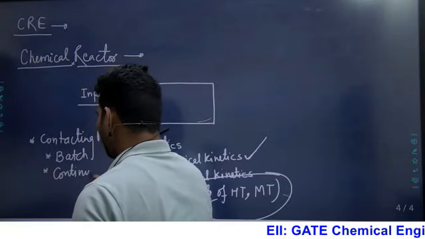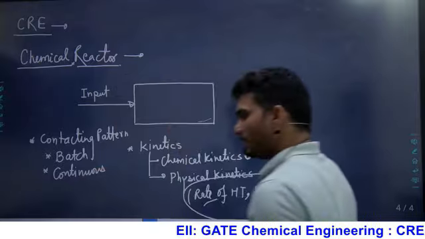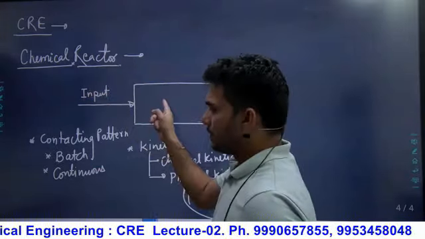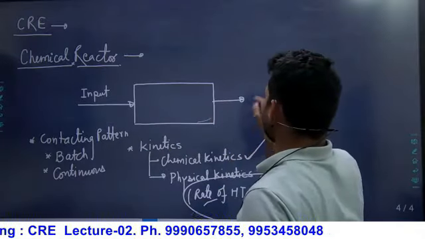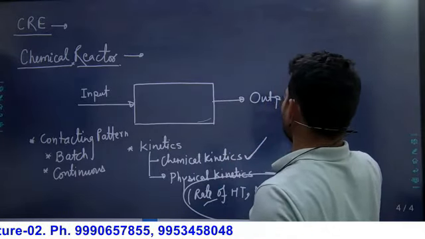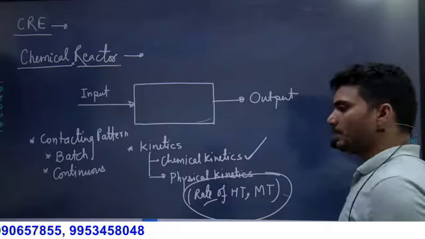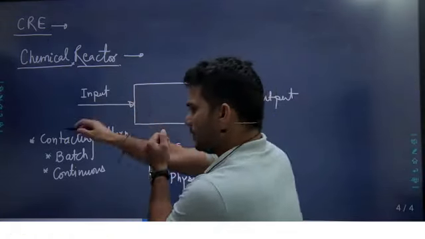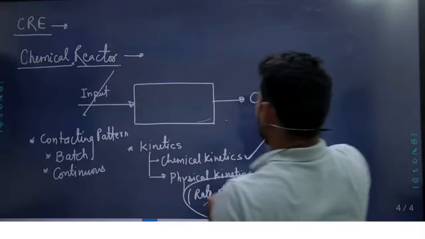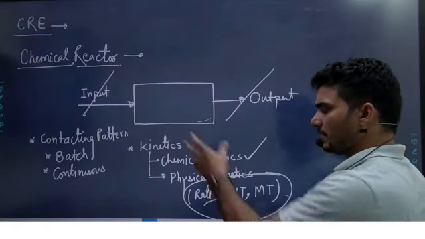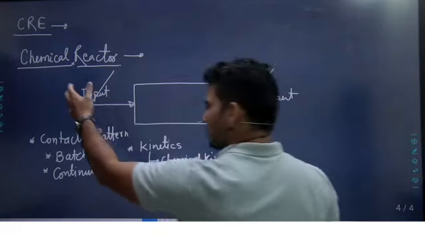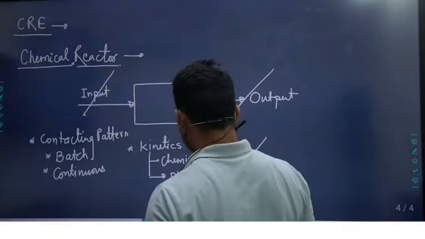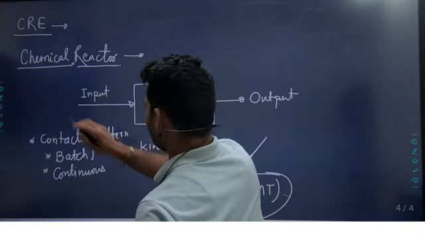Continuous mode means continuously input will occur and continuously output will occur. So batch means there is no continuous input or output, and continuous means continuously in, continuously out. This is the meaning of continuous.